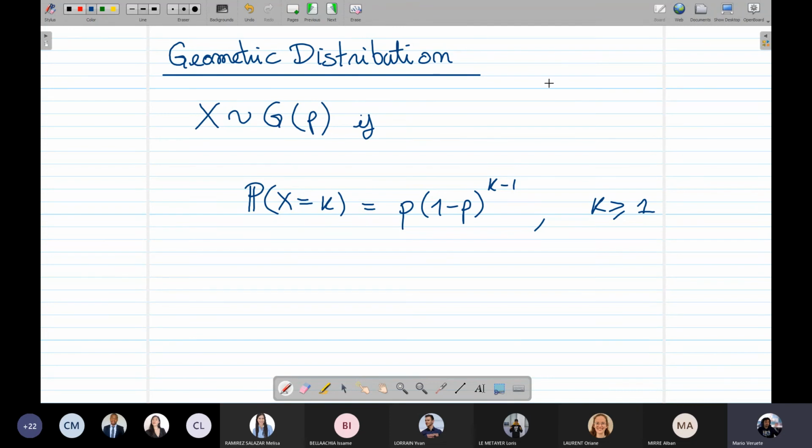You can use G(p) or G of p, whatever, it is the same.